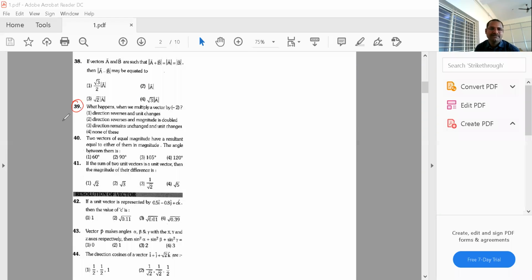See question number 39. They are given what happens when we multiply a vector by minus 2. When there is one vector, if you multiply that vector with minus 2, then it will become minus 2 a bar. Means its magnitude increases by 2, whereas direction becomes opposite. Direction reverse, unit changes.